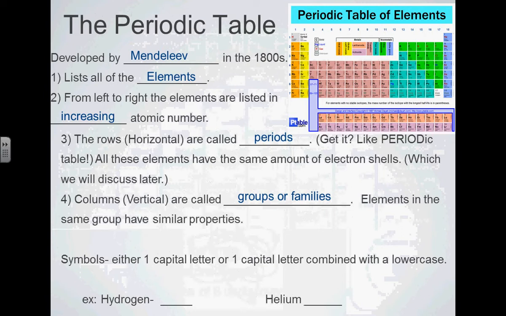Each element in the periodic table has a symbol, a 1 or 2 letter symbol. If it's 1 letter, it's a capital, like hydrogen, whose symbol is capital H. Helium has a 2-letter symbol. In that case, the first letter is capitalized, the second letter is not.